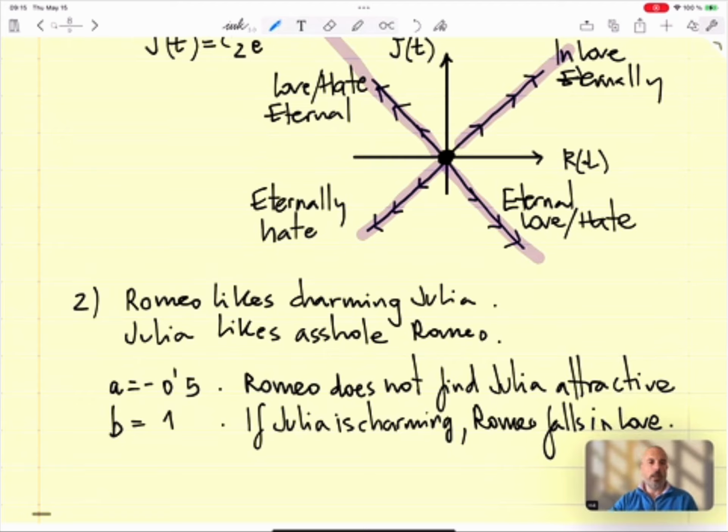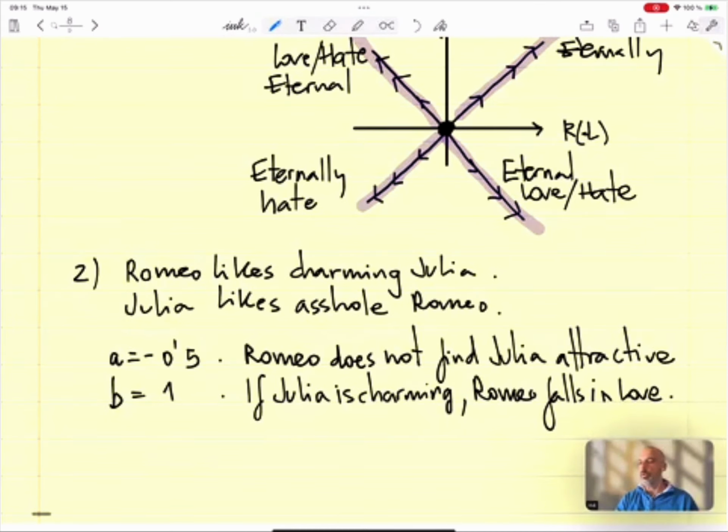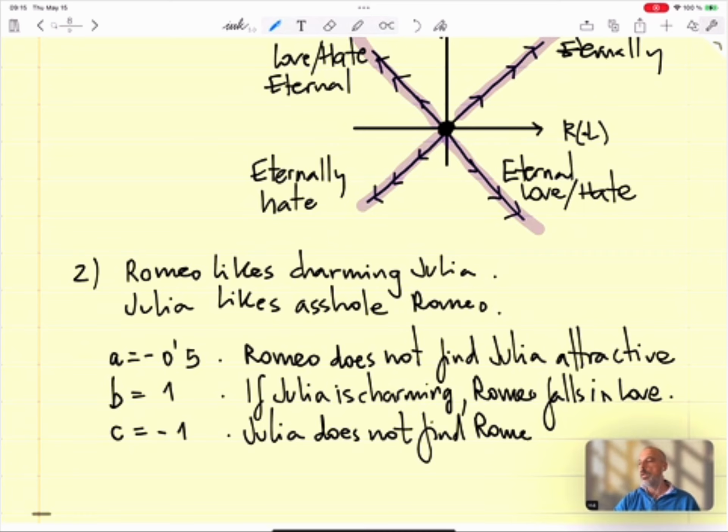Of course, you can change the parameters later. It's just a game. I'm just trying to make it fun for you to learn. Okay, just a little game. So C is minus 1. So Julia does not find Romeo attractive. And D is minus 0.5.